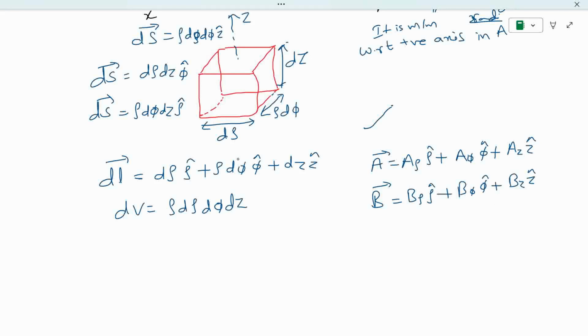When we do the dot product in this, it's straightforward.